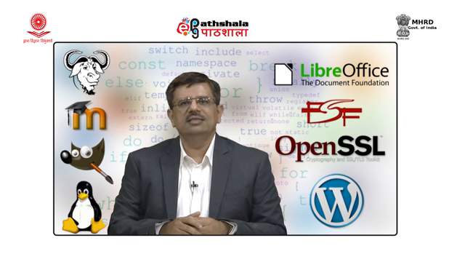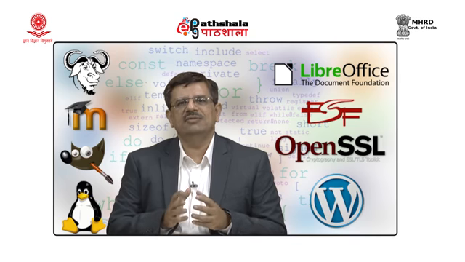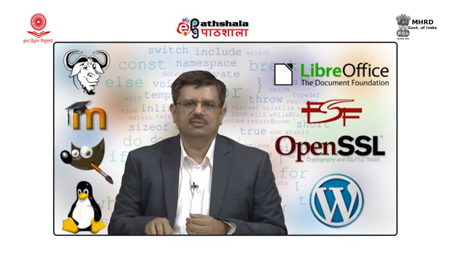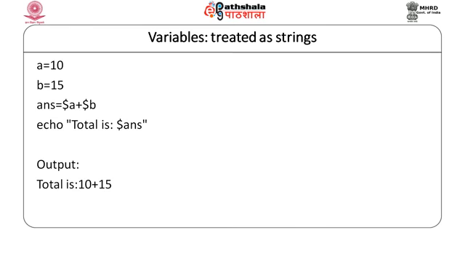So, let us begin our discussion with simple arithmetic calculations. As I said, there are 4 different ways of doing calculations, but the major problem is our shell variables are treated as strings. So, when we store the values 10 or 15 in the variables, say for example, a and b, the values 10 and 15 are treated as strings. So, simply saying $a plus $b won't give us the addition of 10 and 15, that is 25.